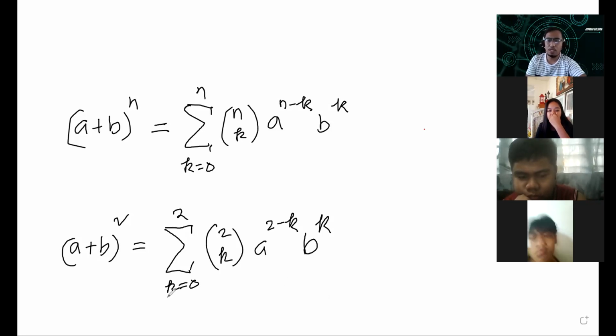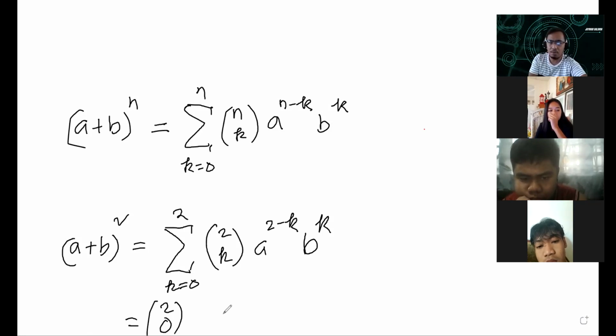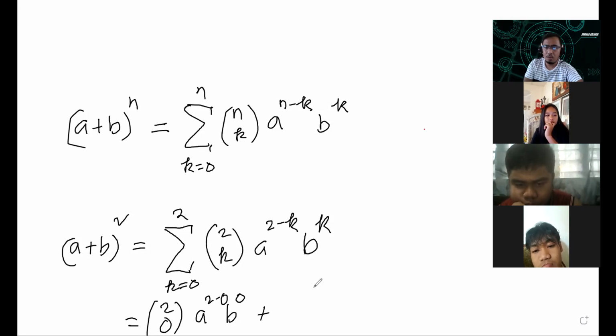If you will simplify it, you will do first when k is 0. When k is 0, all k's here are replaced by 0, so it will be 2 taken 0, a raised to 2 minus 0, or simply 2, then b to the 0. The next one is plus, because this is summation.